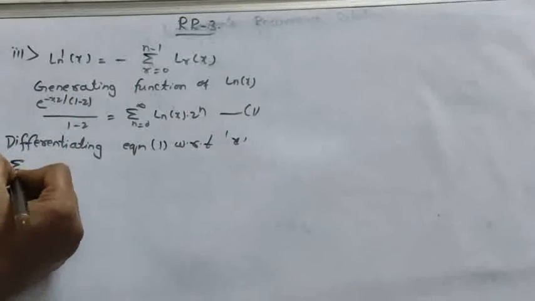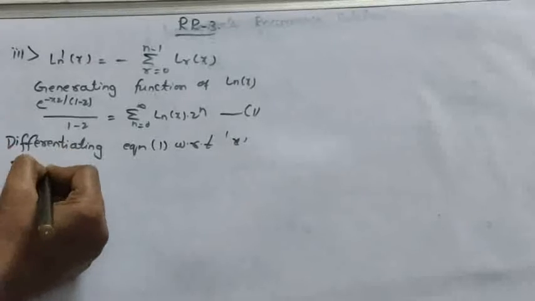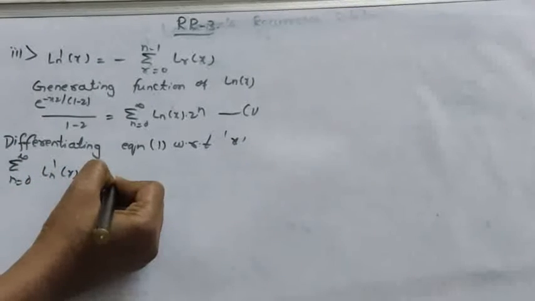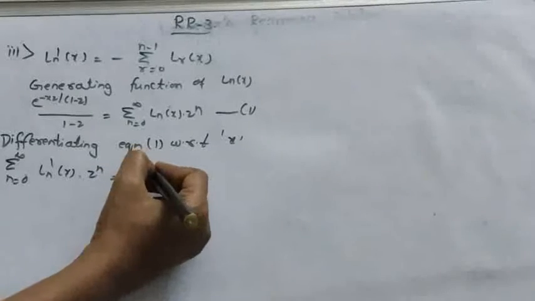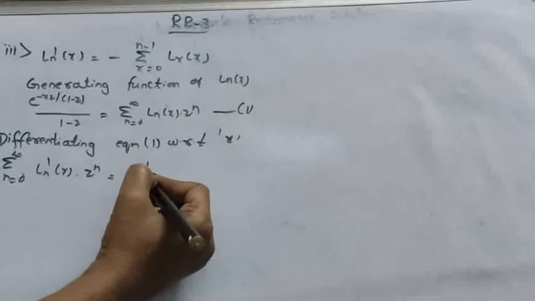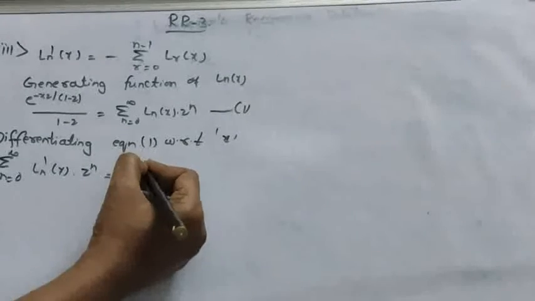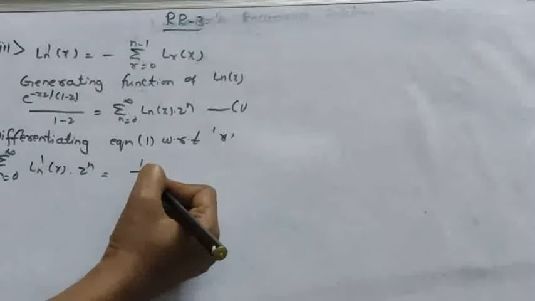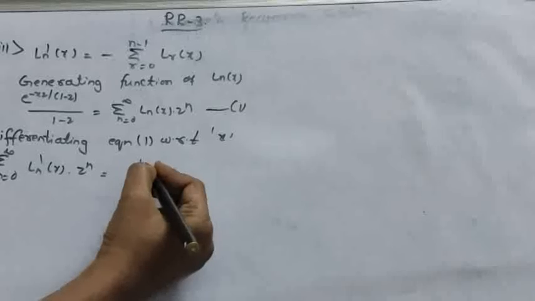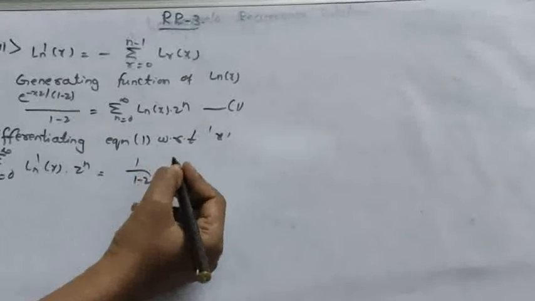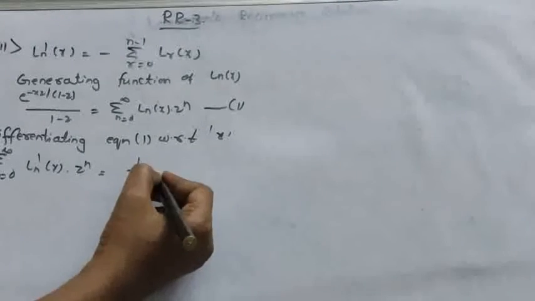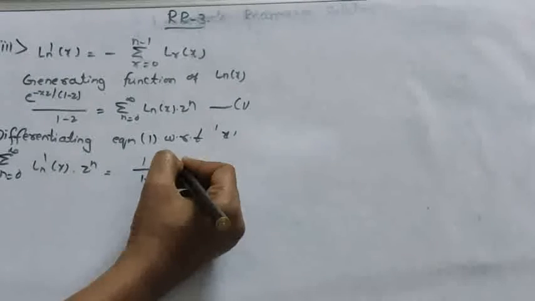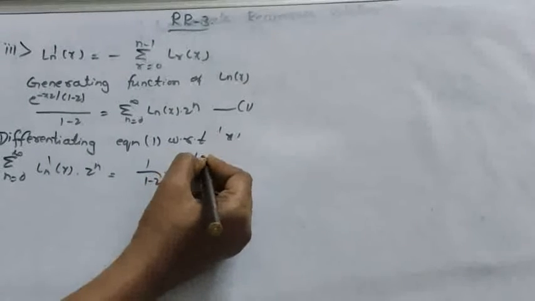So summation n is equal to 0 to infinity ln dash of x into z power n is equal to, with respect to x now, e power minus xz by 1 minus z, by 1 minus z. Otherwise you can write it as 1 by 1 minus z into e power minus xz by 1 minus z.